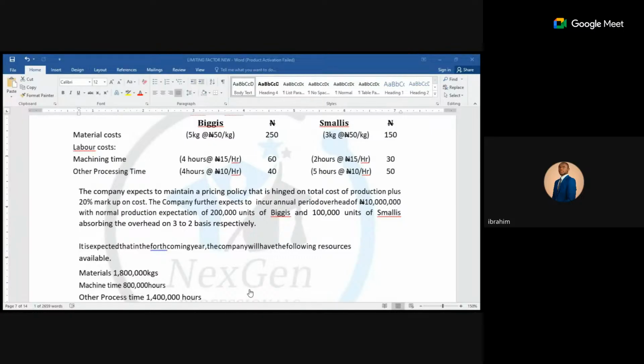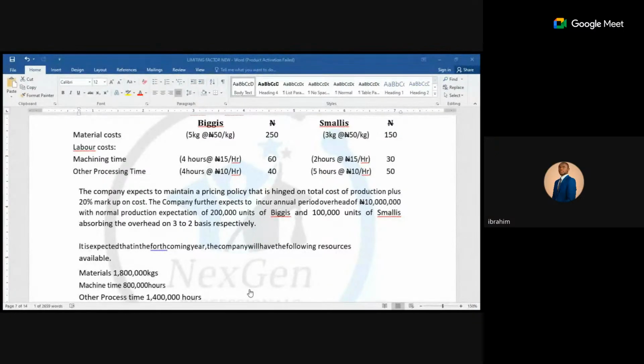Your fixed overhead will be absorbed based on 3 to 2, meaning that 3 plus 2 is 5. Biggies, we take 3/5 of the fixed overhead.